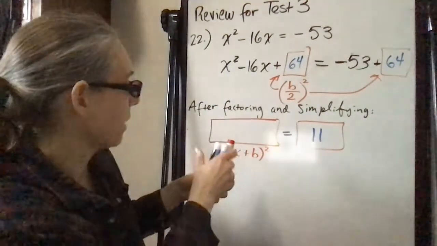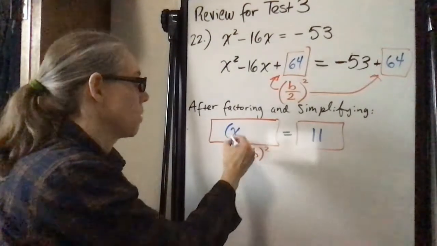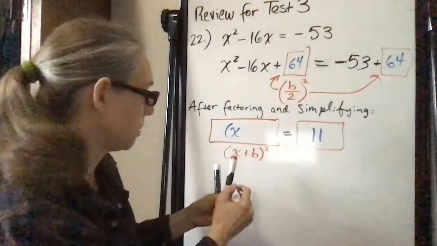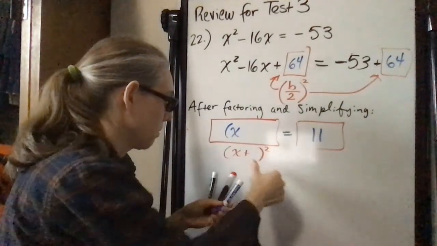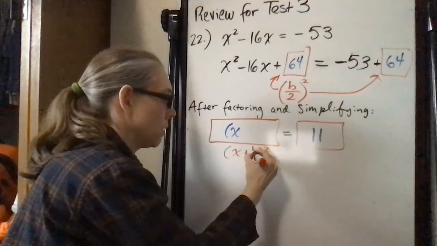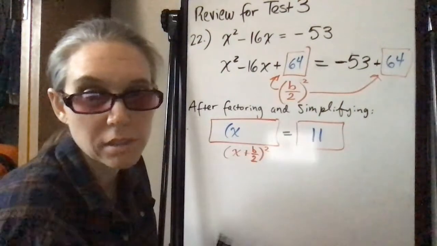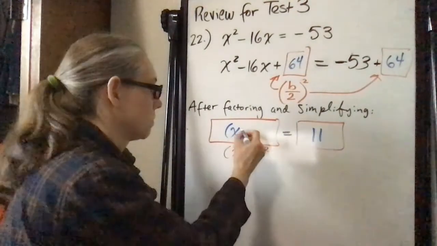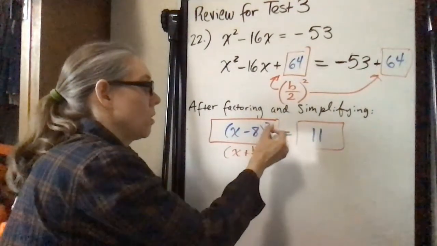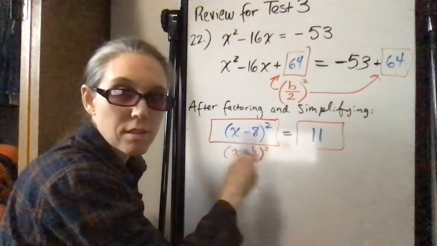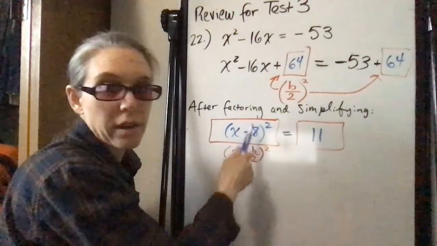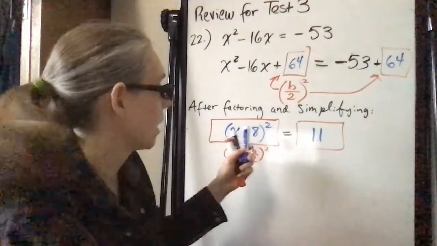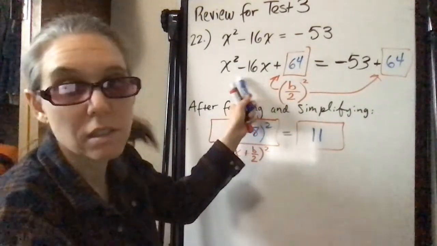I wrote that down wrong, let me fix that. So b over 2 is negative 8. You can test that this is correct. Just take this and square it, and you should get this. That will be the same thing, okay? So make sure that this squared is equal to that.